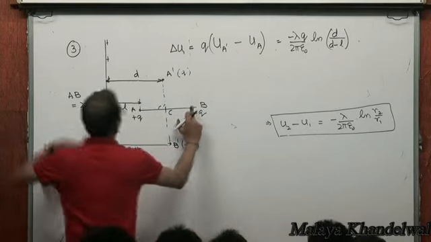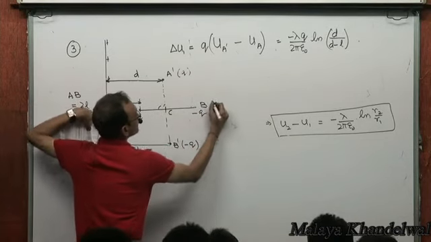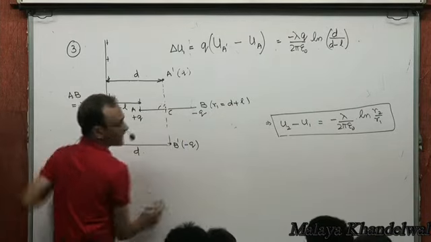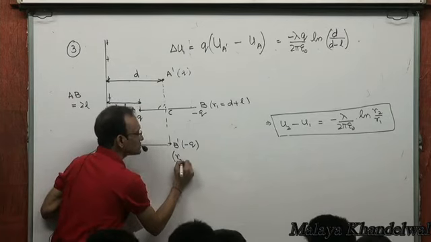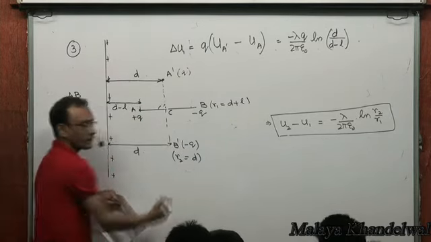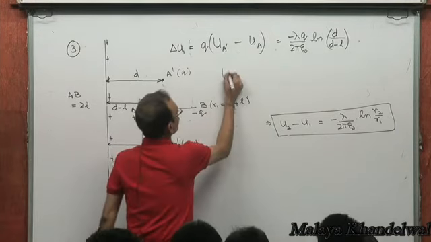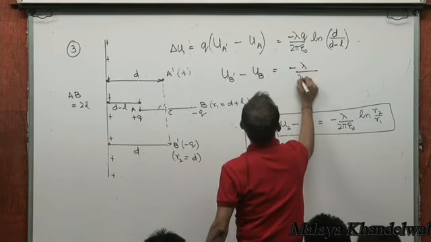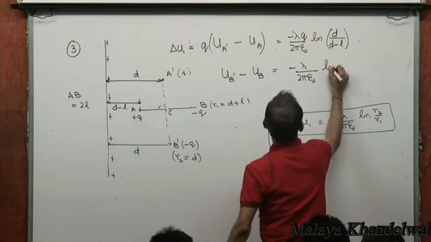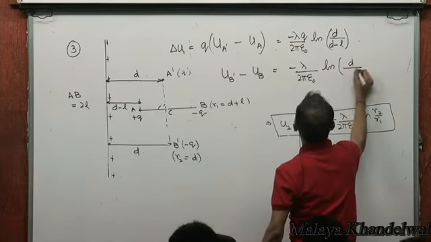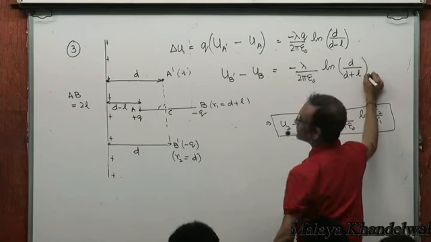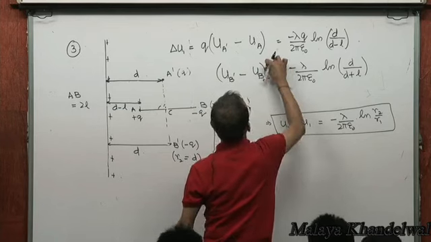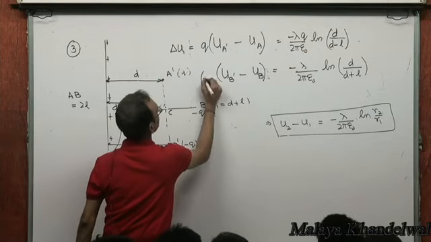Now for B, R1 is D plus L, and B prime, which is R2, is D. So U at B prime minus U at B is going to be minus lambda by 2 pi epsilon naught log of final R, which is D, divided by initial R, which is D plus L. The work done by the external agent would be this times minus Q, since the charge is minus Q this time.